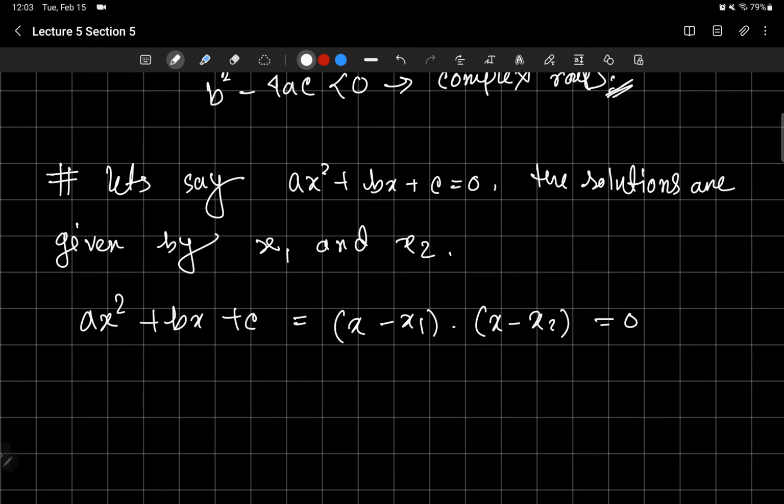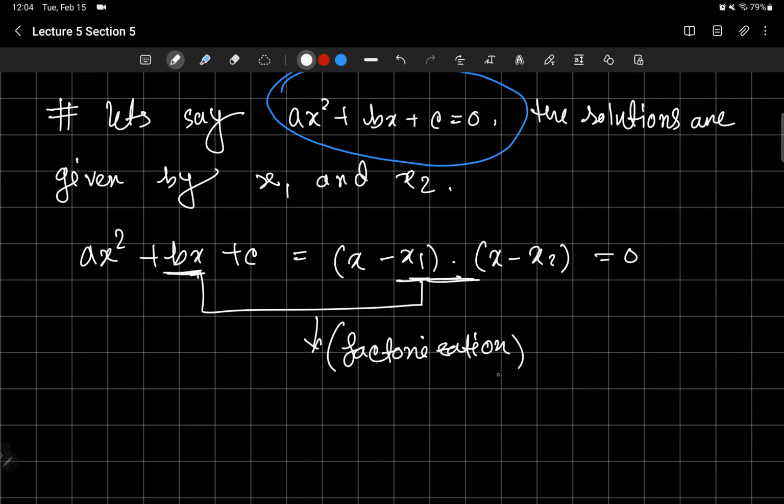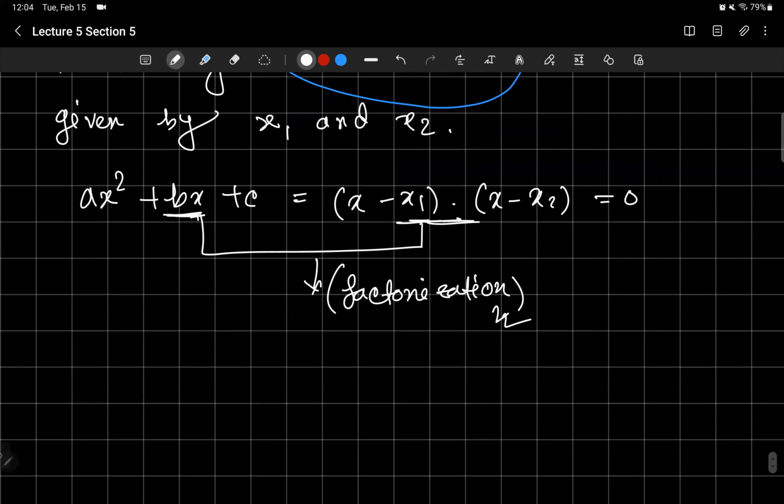Well, since x1 and x2 are both solutions of this quadratic equation, I can write it like this, and this process is called factorization.